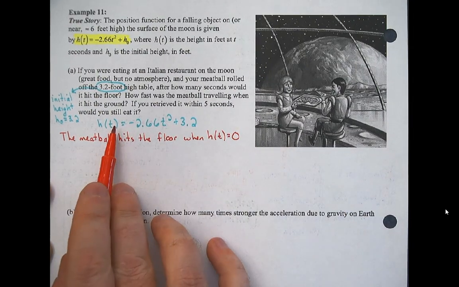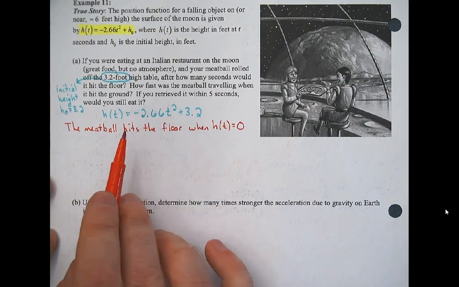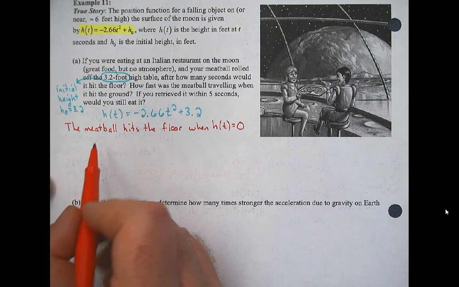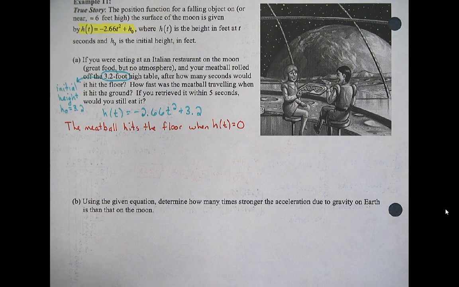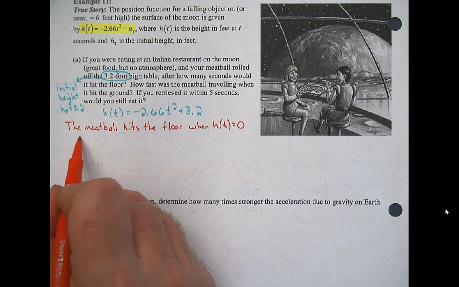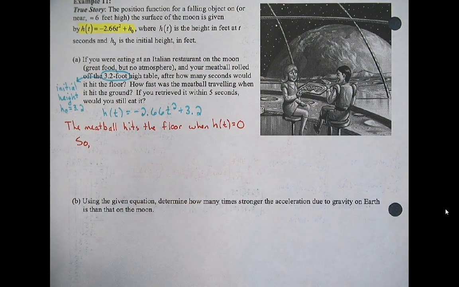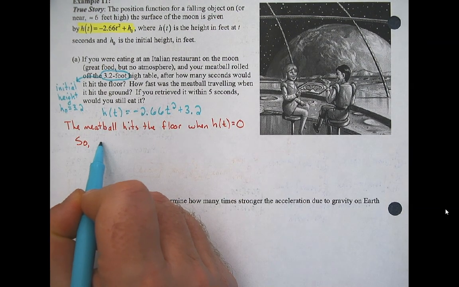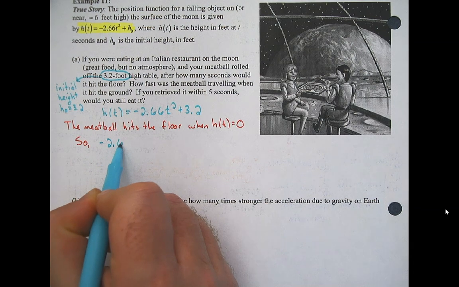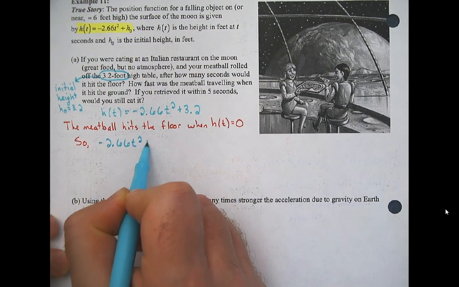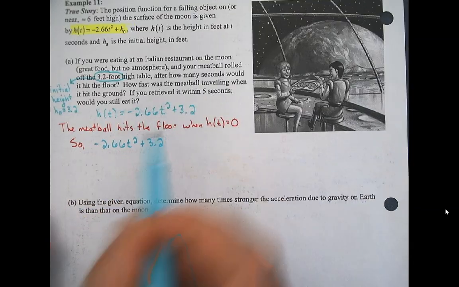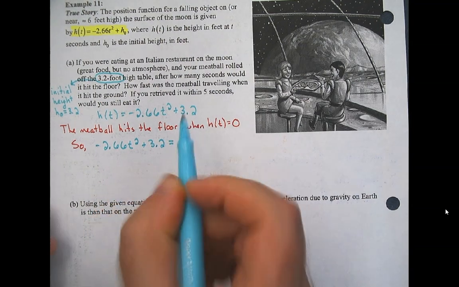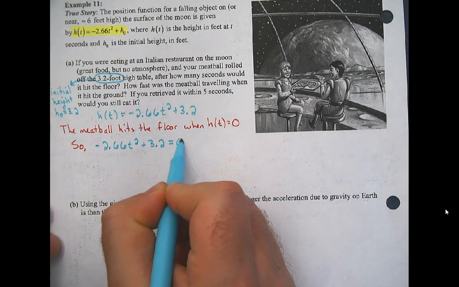So what I want to do is take my height equation and set it equal to 0. So negative 2.66 t squared plus 3.2 equals our height of 0.